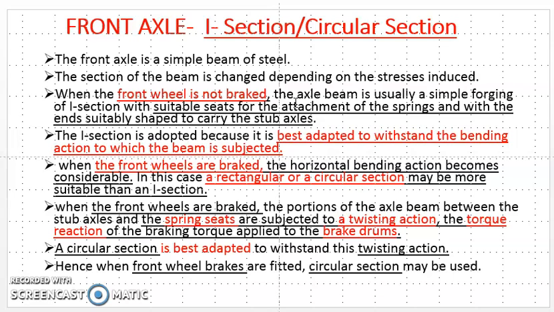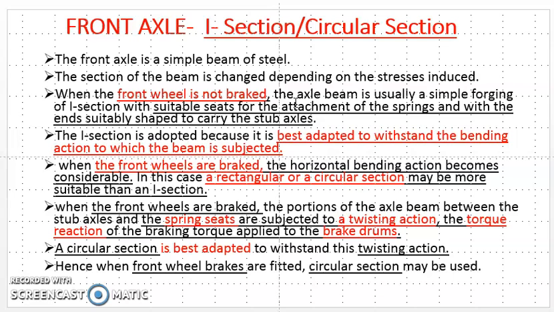Okay, because of the loadings, the beam is subjected to bending, and it is good to go for I section. That's why when the front wheel is not braked, it is better to go for I section.